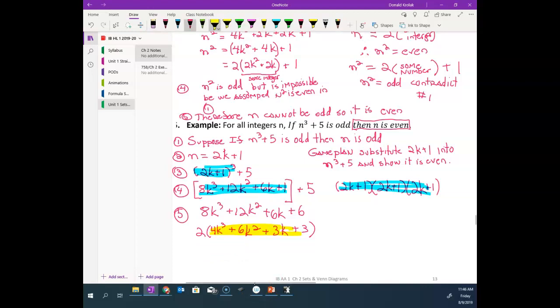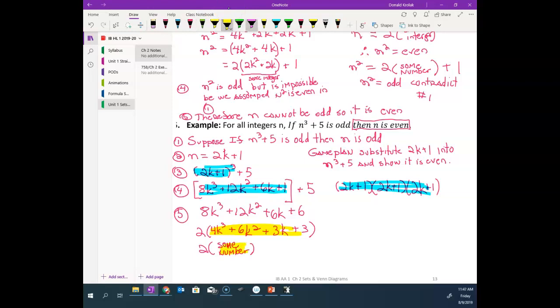Let me fix that. Just a second. Okay, 2 times some number, and this in the parentheses is some number.